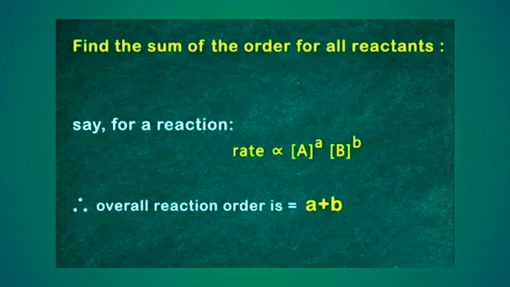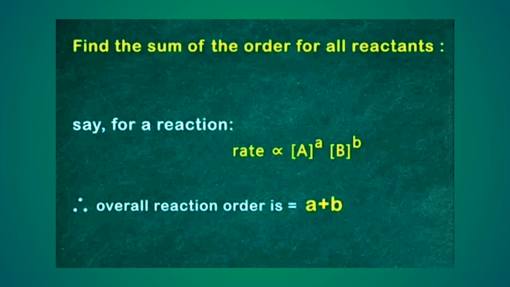Don't forget again that the order of reaction is the sum total of the exponents as given in the law of mass action, of which rate is directly proportional to the product of the reacting species, their concentration, which is denoted in a square bracket.